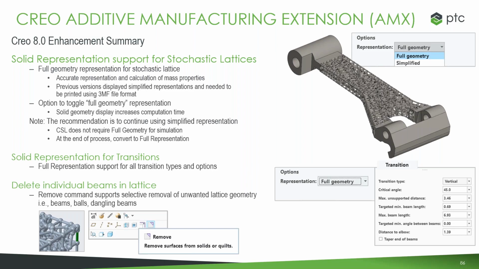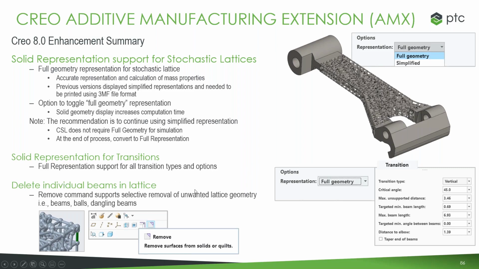But certain file formats didn't support that, so now we can export out full geometry. So now we can export STL files or things like that. Probably unlikely, as 3MF is really the way to go with printing these days. But also, if you need to take it into other downstream tools, we've got a full representation.